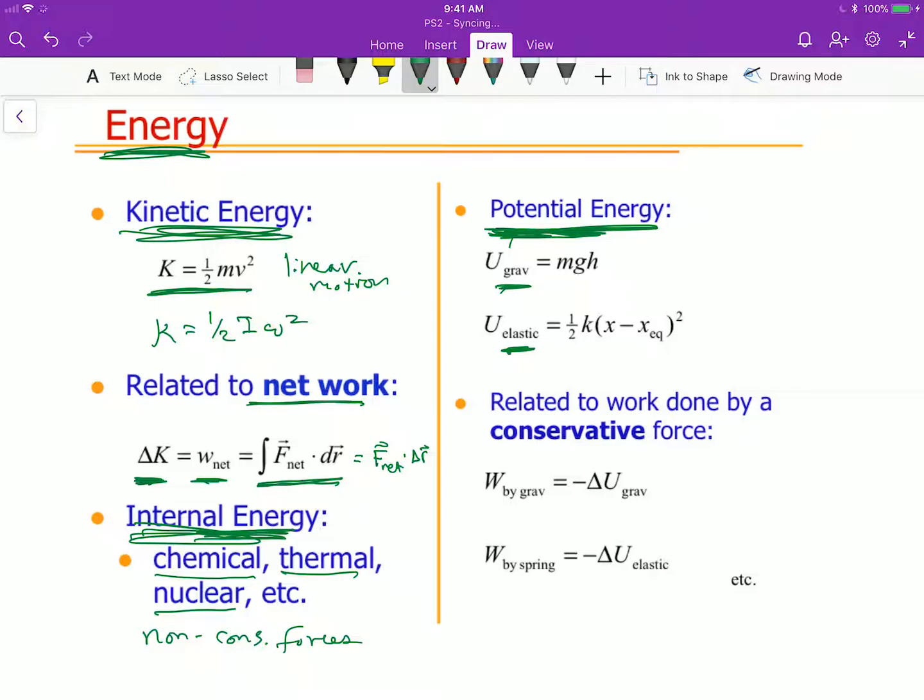And so our gravity potential energy is just the mass times gravity times the height above some reference, right? So this is like some reference height, which you can define. And then we have our elastic potential energy, which has this equilibrium in it.